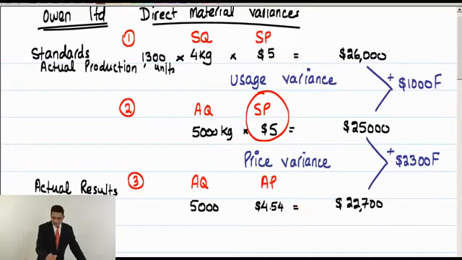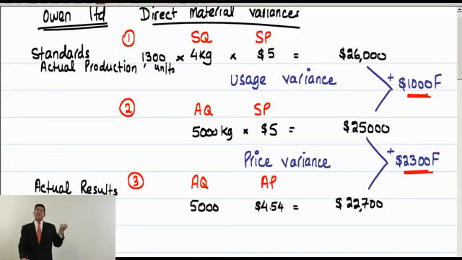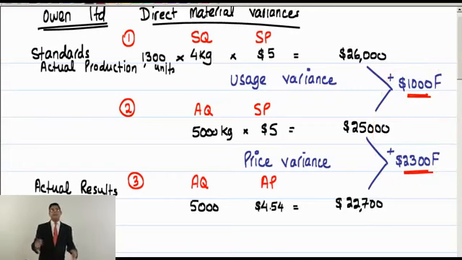So with the help of individual variances, we assign the responsibility that the production manager contributed $1,000 to the company profits and the purchasing manager contributed $2,300 towards company profits, meaning actual profits will be higher by 1,000 from the production side and 2,300 from the purchasing side, or in total actual profits will be $3,300 more than the budgeted profits.